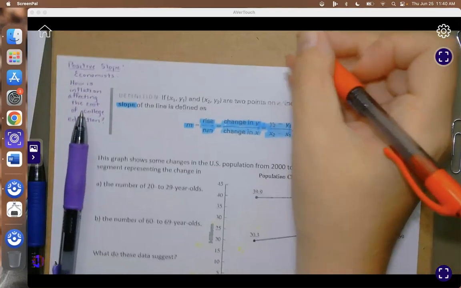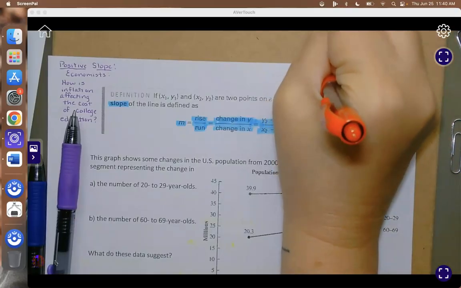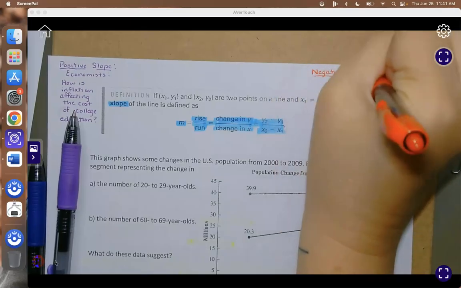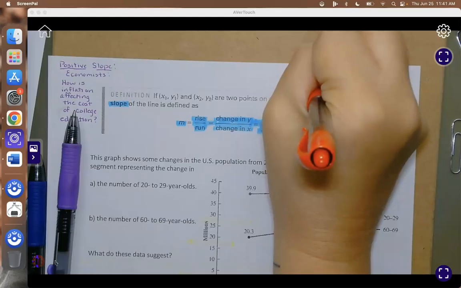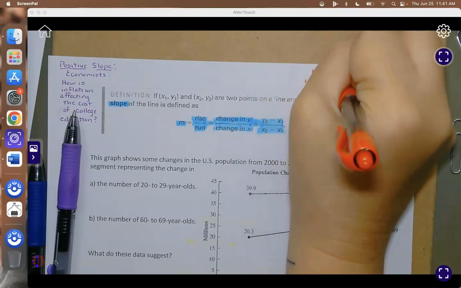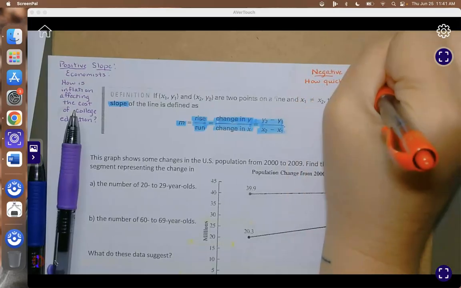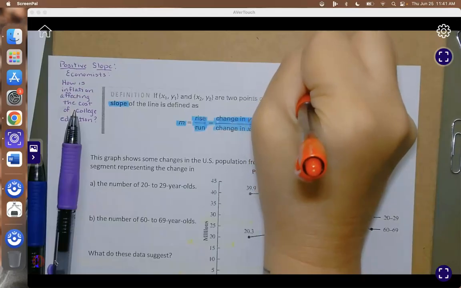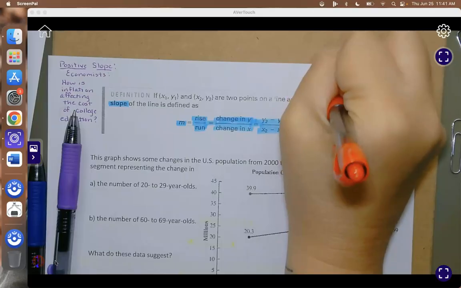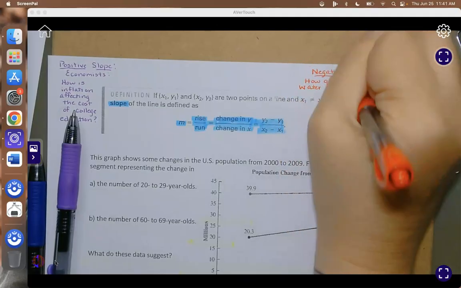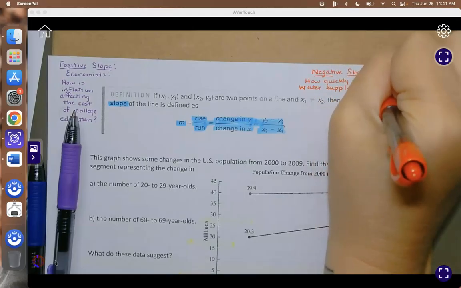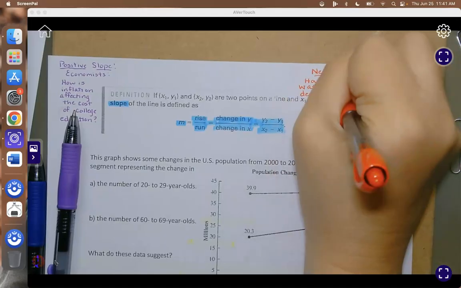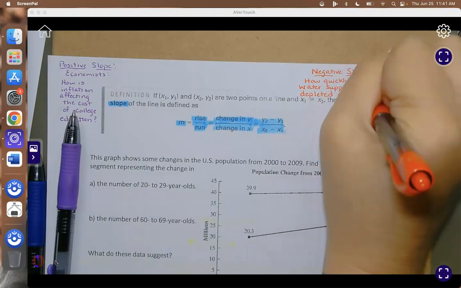Negative slope, how quickly the town's water supply is being depleted during a drought.